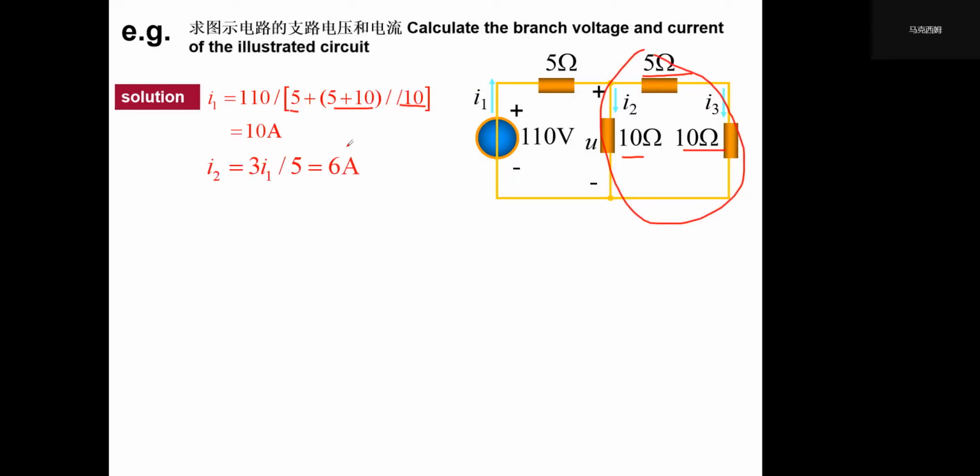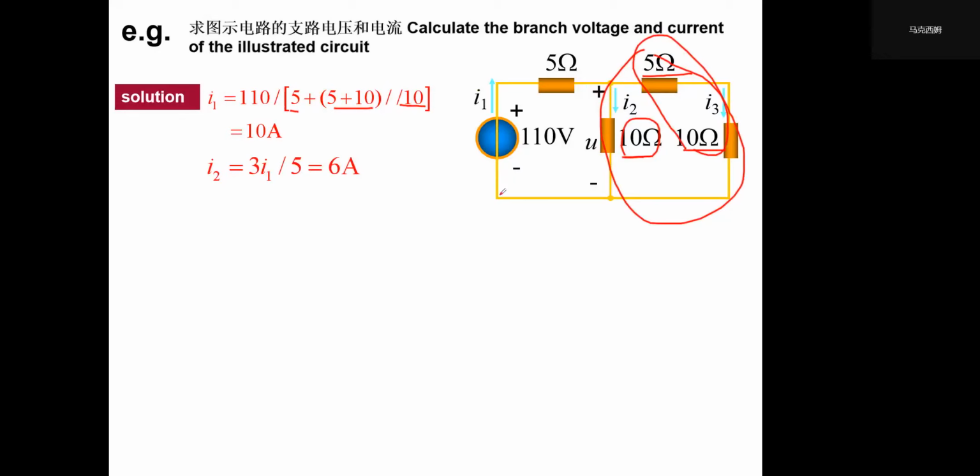And we know that I2 equals 3 times I1 over 5, right? And so I2 is 6, right? Because of the distribution of the resistance: this branch has 10 and this one is 12, so it is 15.